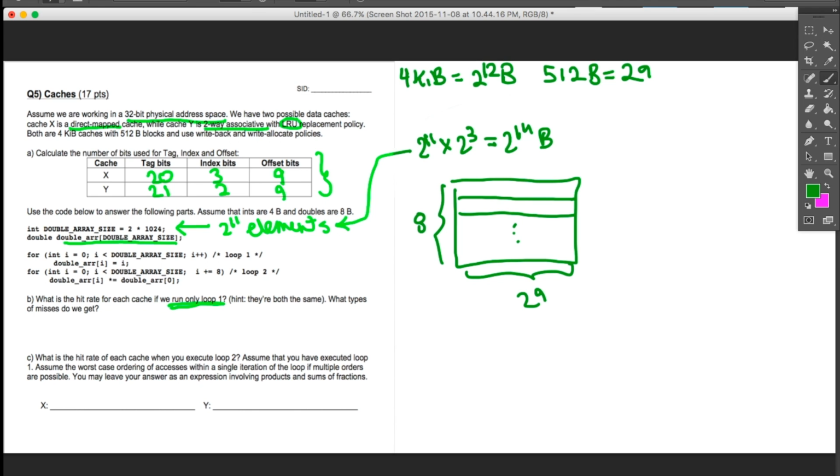So what happens is that we try to access the first element right here, element 0, if we look at just the first block, and that's a miss. It's a compulsory miss because we've never seen this block of data before.